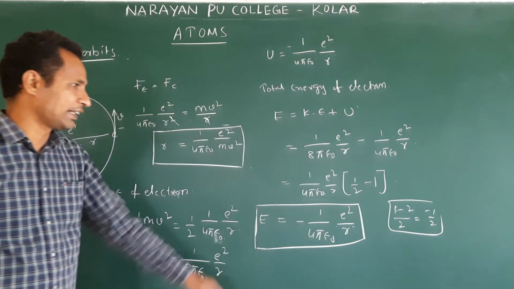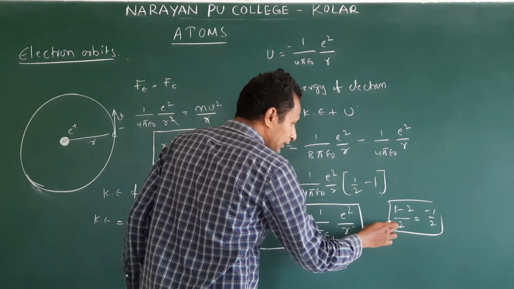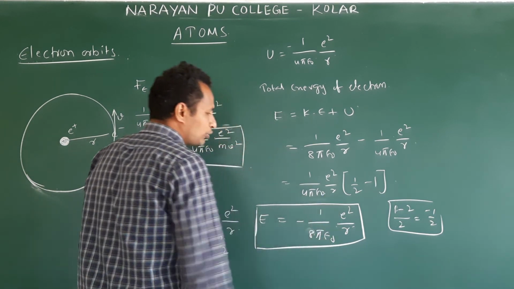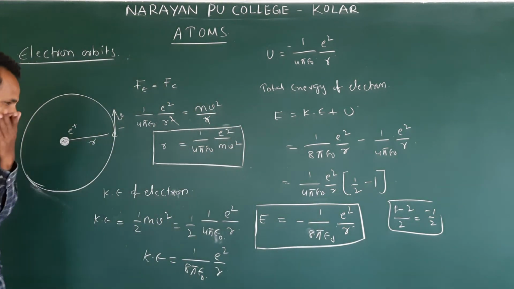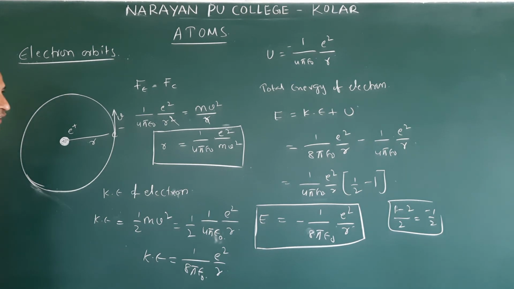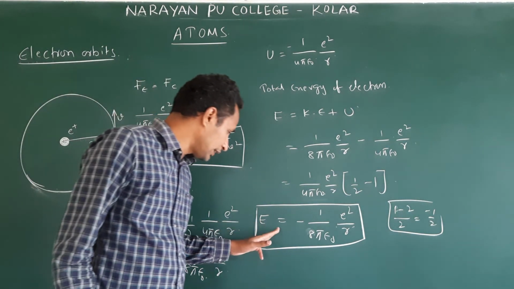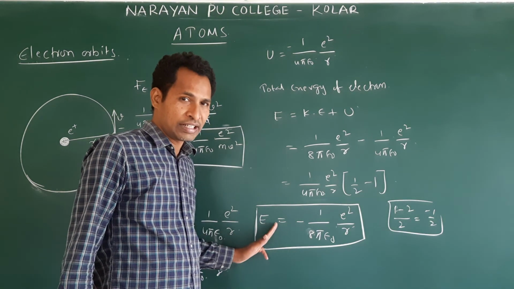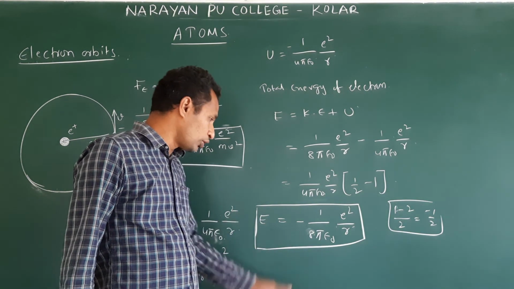Here I have written this directly. So minus 1 by 2 is there, and 4 is already there, so it will be into 2. So 1 by 8 pi epsilon naught e square by R. This is the total energy of the electron in a hydrogen atom according to the Rutherford model.